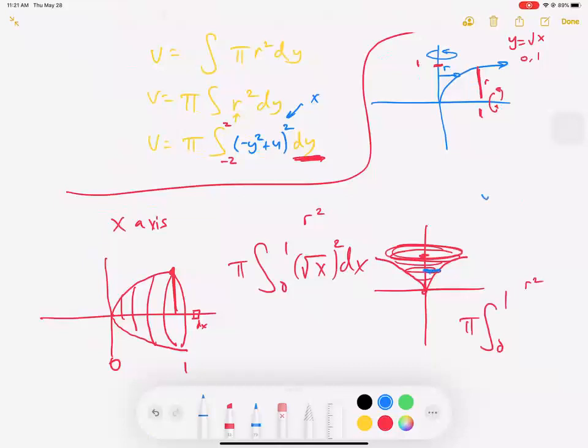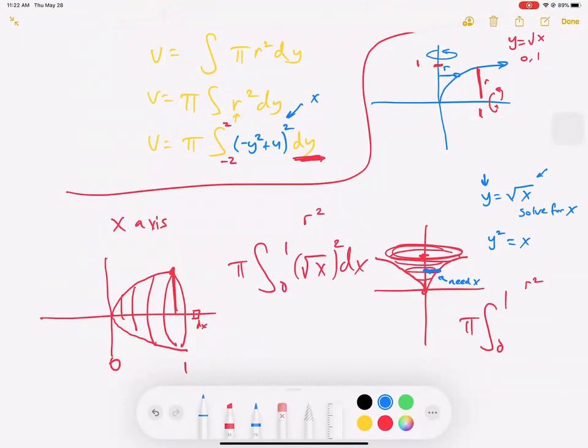But our problem is y is equal to square root of x. This is a y value. We need an x value. So what do you do? Solve for x. If you solve for x, the way I get rid of a square root is to square. y squared is equal to x. So you have to rewrite the equation for these problems.